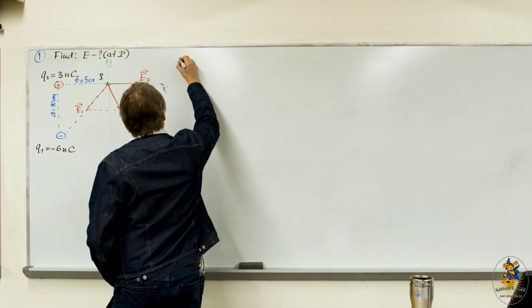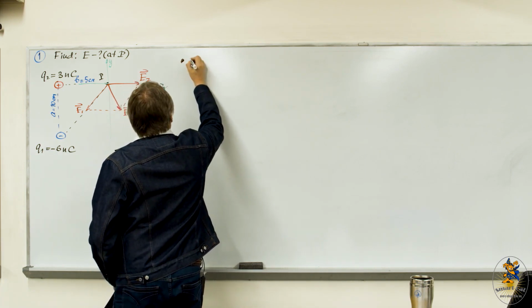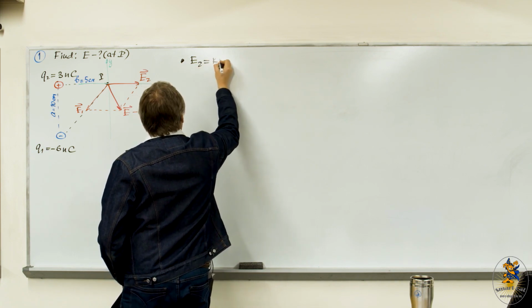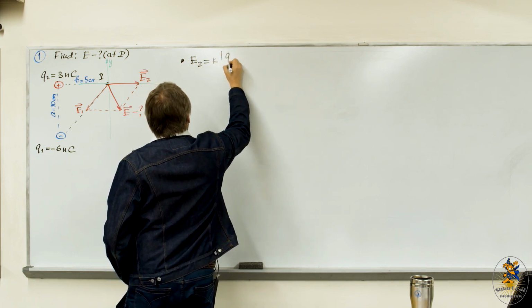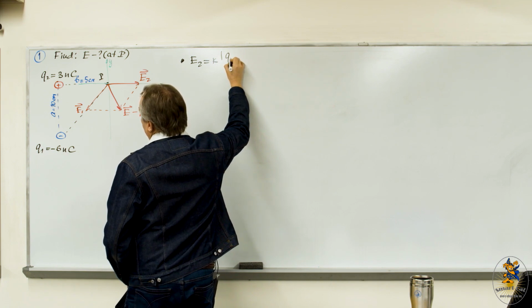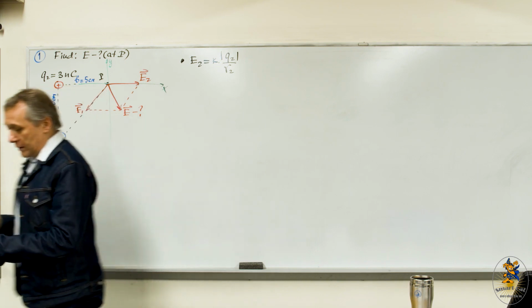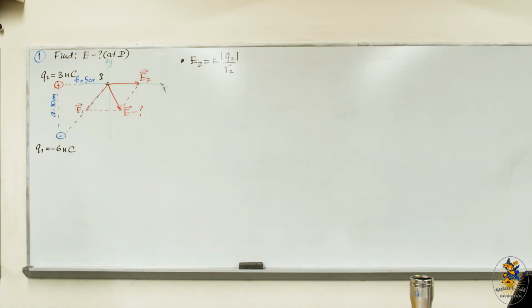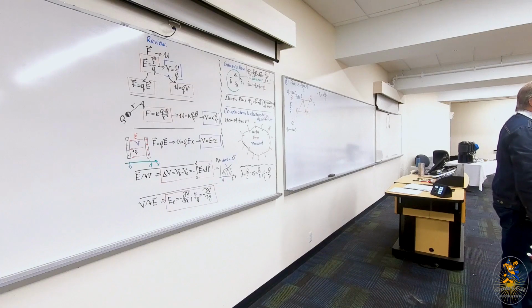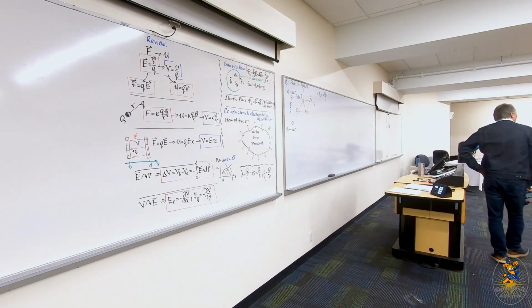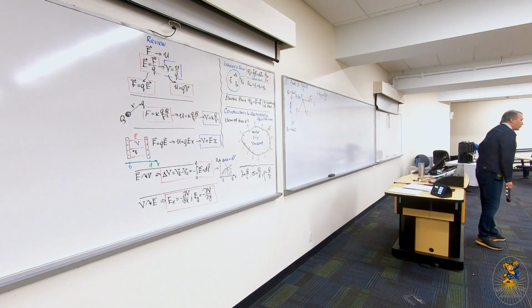So let's start. Let me put here the first bullet. So magnitude of E2. Okay, and absolute value of Q2 divided by the distance from the charge to that point. Quite often on the exam I see students manage to get negative values of the magnitudes.